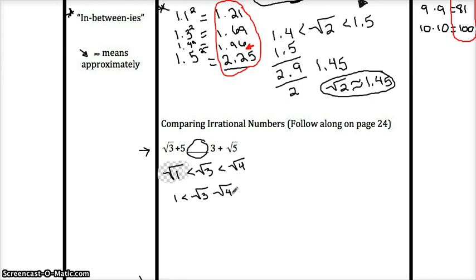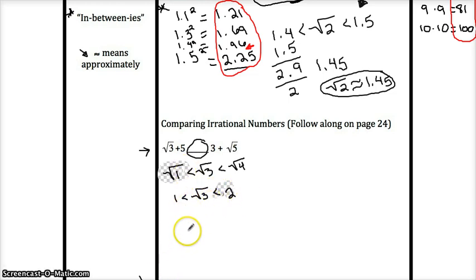Instead of doing a very close approximation, we're just going to really estimate. So 1 is less than the square root of 3, and the square root of 3 is less than 2. That's what it should say.